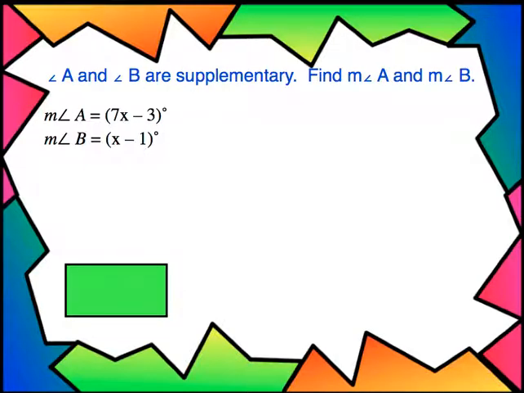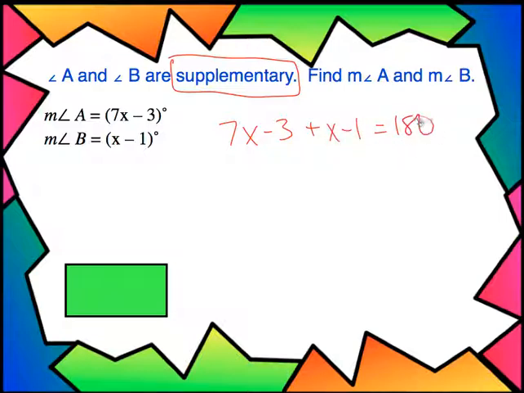Okay, the only way that this one's different is now it says supplementary instead of complementary, which just means you add them to equal 180 instead of 90. So 7x minus 3 plus x minus 1 equals 180. 7x and x make 8x. Negative 1 and negative 3 make negative 4.